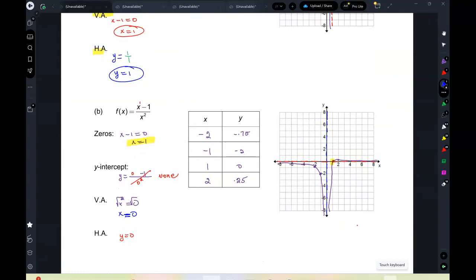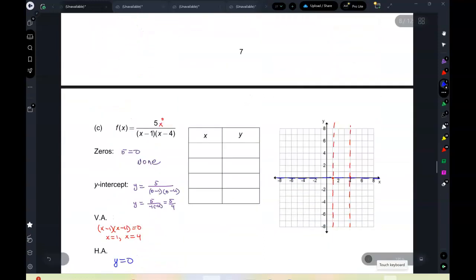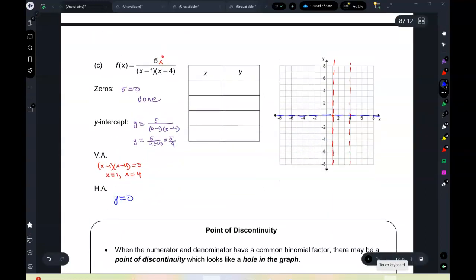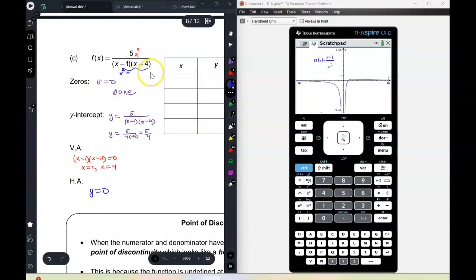Because this is factored over here, but when you multiply this out, it'll be x squared plus blah, blah, blah. That's why it's 2. You do, because if it was something else in the numerator, then you would have to compare it. So yes, you absolutely do. I will never give you useless information.